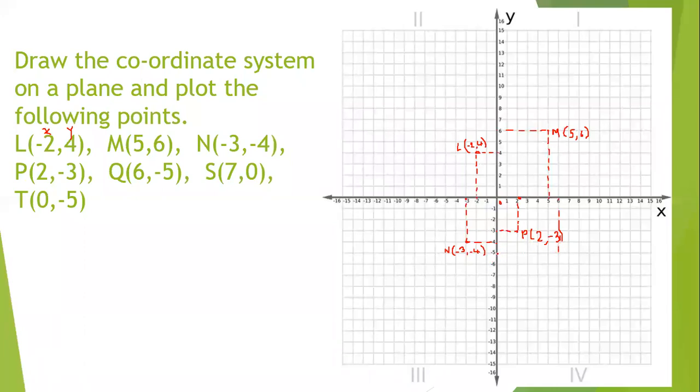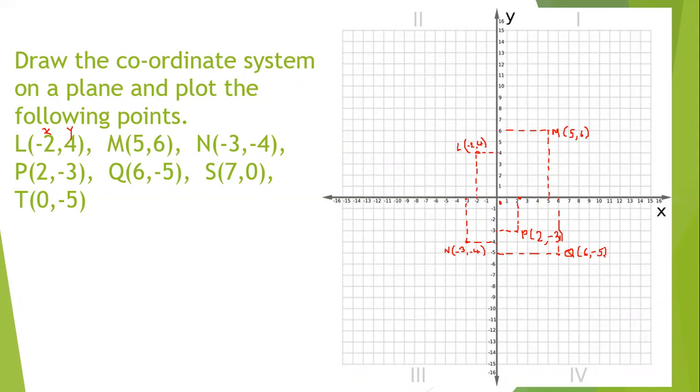And here we will put the name of the point as point Q and write the coordinates also, (6, -5).